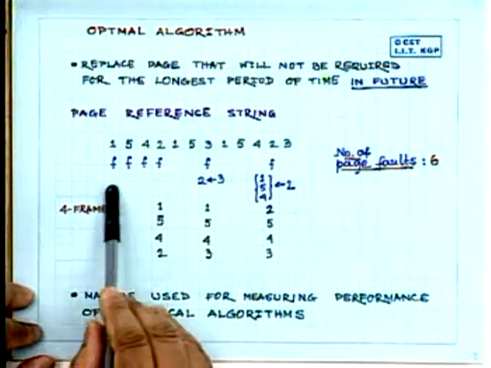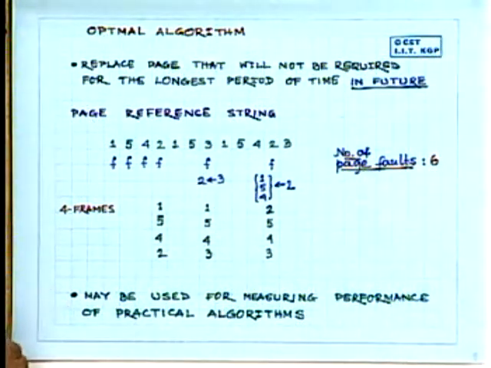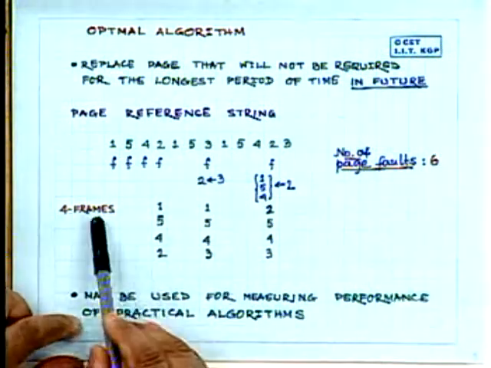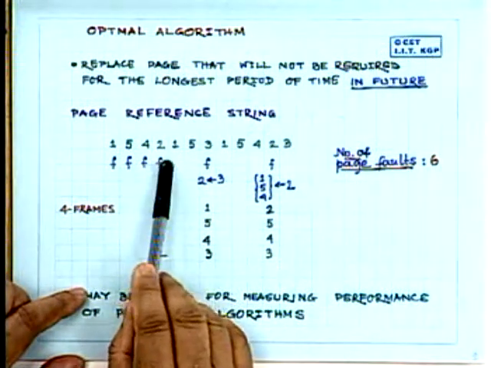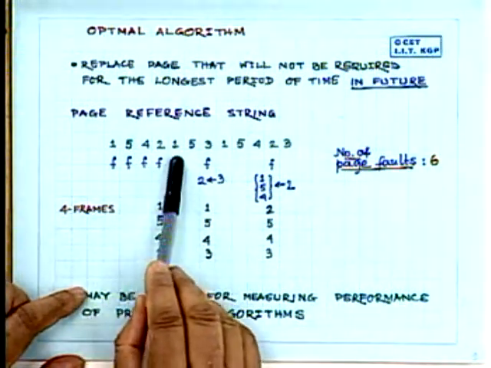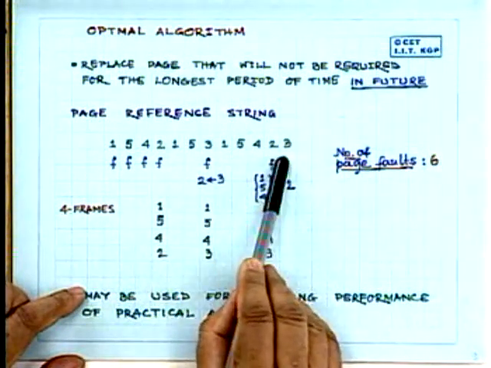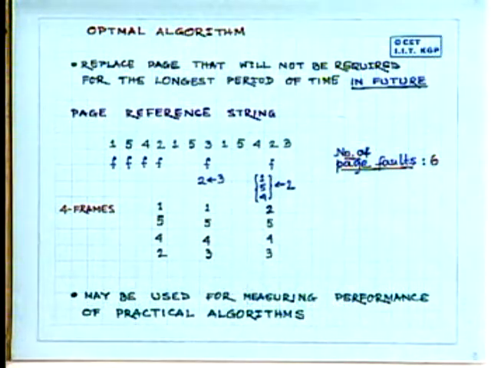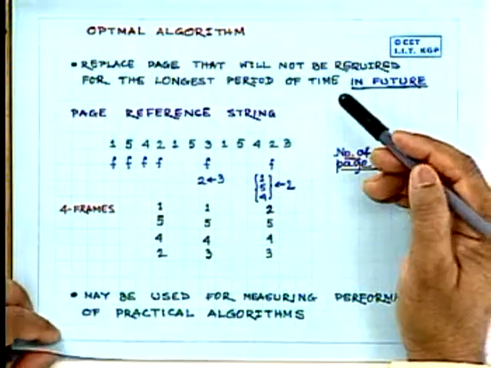Now here you see that the number of page faults is 6, which is a measure of the efficiency of a replacement algorithm. Here we have assumed that whenever a page fault has happened, we can see forward in future what pages will be needed, and decide about a page which will not be needed in near future.